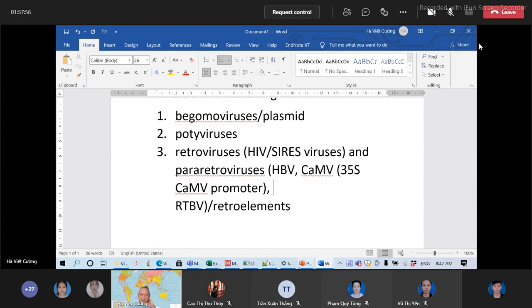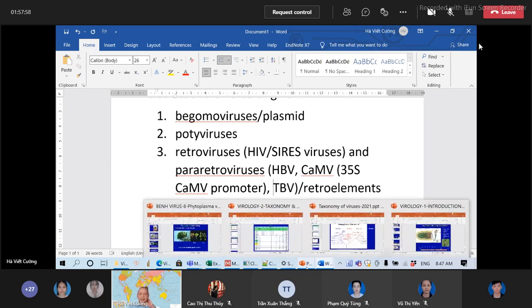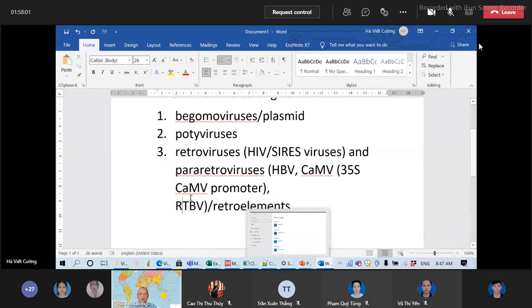And next is rice tungro bacilliform virus, one important virus of rice, okay? Yep. So all of them, HBV, CAMV, RTBV, and many other viruses belong to one group, namely pararetroviruses. Okay. Yep.